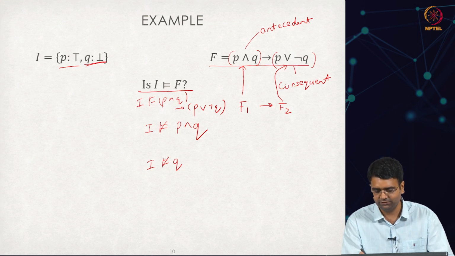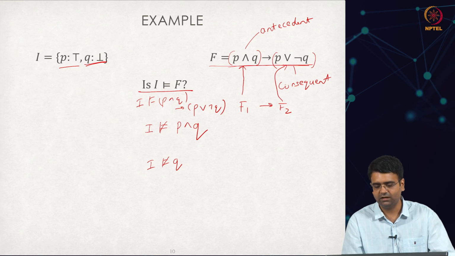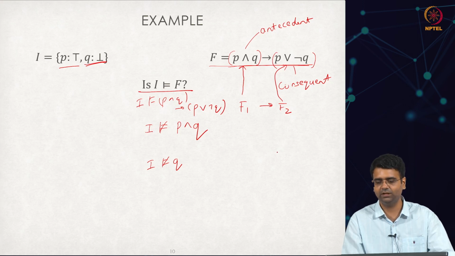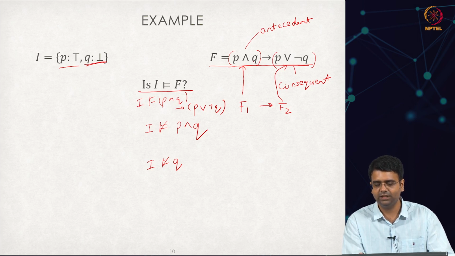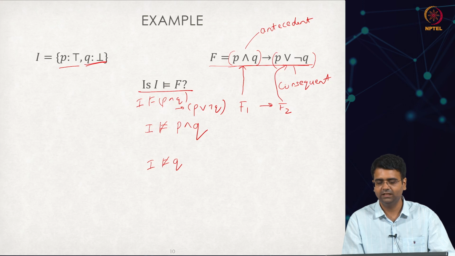If you look at this formula very closely, you can say something more: under no interpretation will this formula ever evaluate to false. Under every interpretation this formula is going to evaluate to true. This is because if you take any interpretation where P and Q is true, then obviously P or not Q is going to be true, because P itself is going to be true. So there is no interpretation which will falsify this formula.